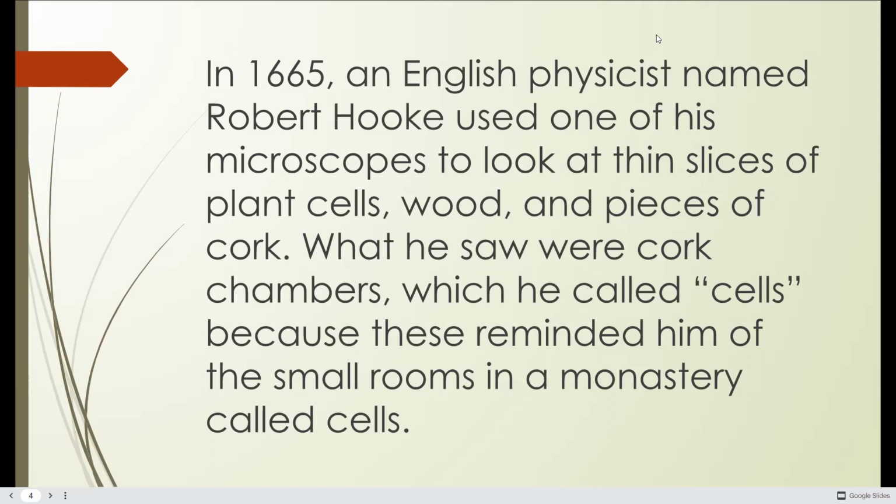The chambers reminded him of the small rooms in a monastery, called cells. The discovery of cells was by accident. It looked like a room because the cells were dead, because it is cork.